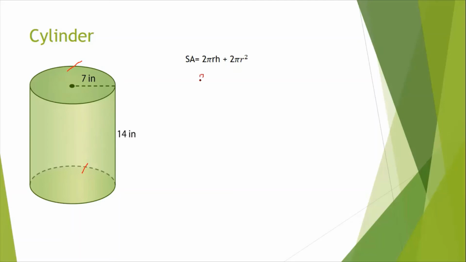So 2 times the value of pi, which is 3.14, times our height, which is 14 inches, plus 2 times the value of our pi, which is 3.14, times radius, which is 7 squared.